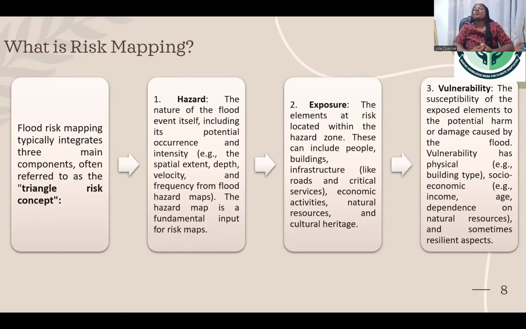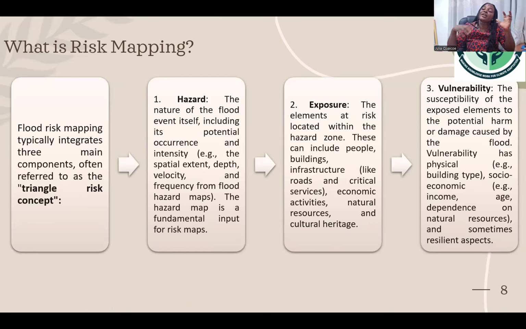So the physical vulnerability, what is the building type? What makes this particular building more susceptible to harm than the other? We may have two types of buildings, one with cement and then one built with, say, bamboo.